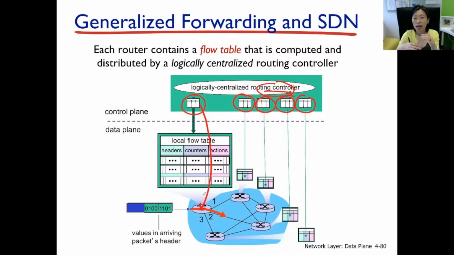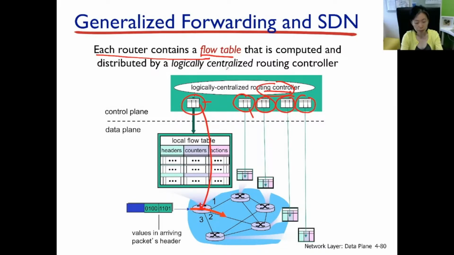The control plane to data plane connection is very similar between SDN and traditional routing. The only slight difference is this. In traditional routing, we call these forwarding tables, but in SDN, we call them flow tables. Each router will be installed with these flow tables to handle incoming packets.